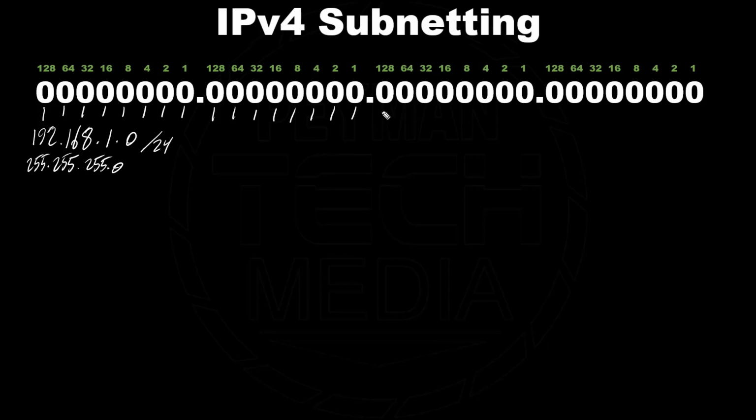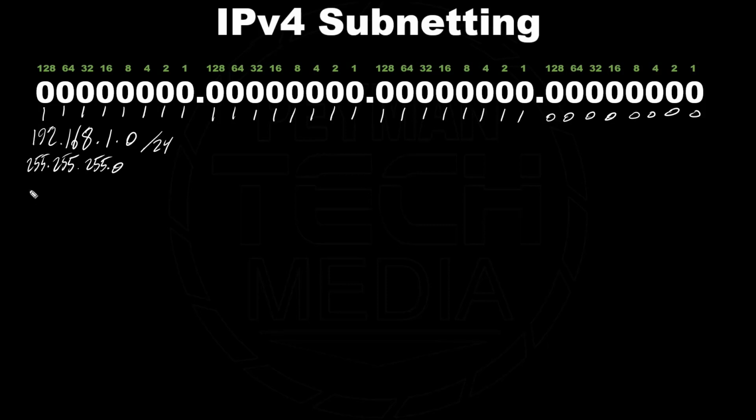On the third octet, 255 also means 8 bits turned on, because anytime we have all 8 bits turned on in binary, the decimal values 128 plus 64 plus 32 and so on, all of them turned on, will give us 255. And the last octet is pretty much all turned off.